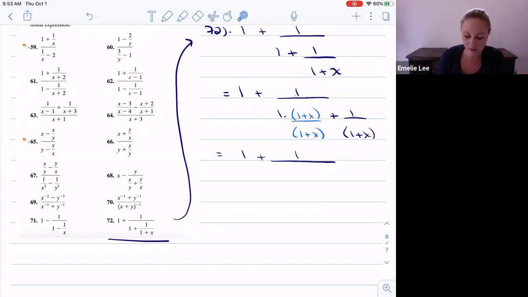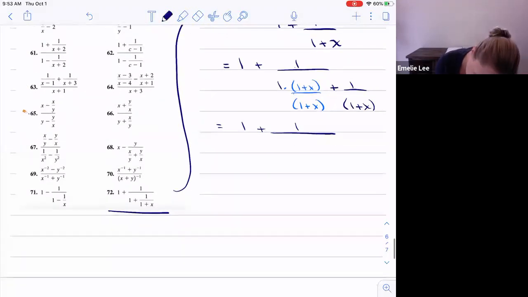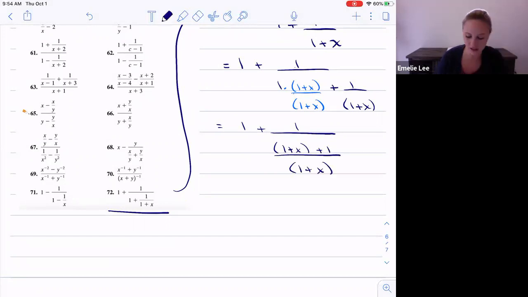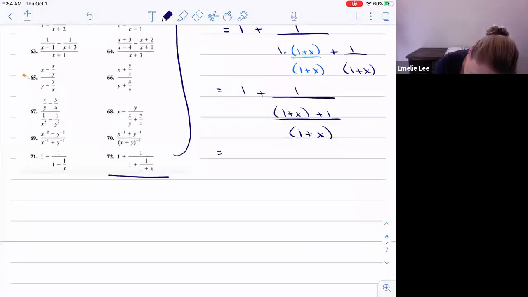So 1 plus x plus 1 over 1 plus x puts me at 1 plus x plus 1 over 1 plus x as my common denominator. 1 plus x plus 1, I can simplify as 2 plus x if I want to. So let's do that. 1 plus 1 over 2 plus x over 1 plus x.